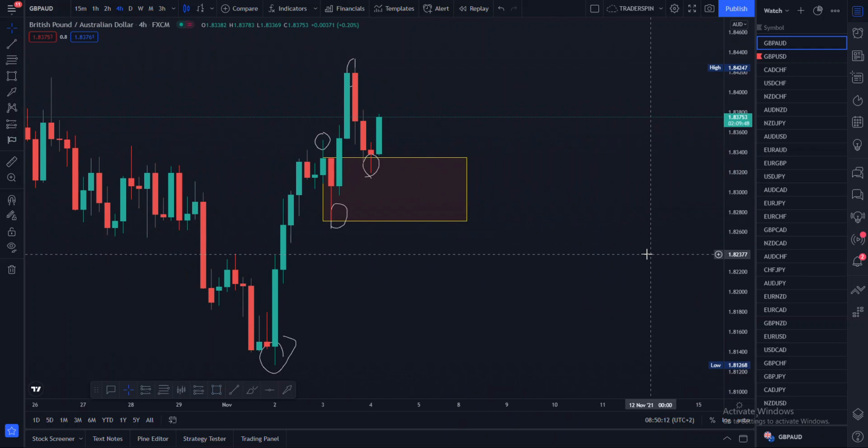Remember, if your order block is on the monthly time frame, you take your entry on the weekly time frame. If your order block is on the weekly time frame, you take your entry on the daily time frame. If your order block is on the daily time frame, you take your entry on the 4-hour time frame. If your order block is on the 4-hour time frame, you take your entry on the 1-hour time frame.